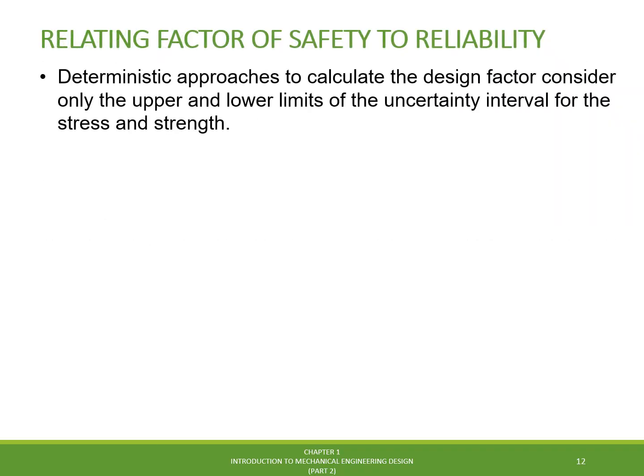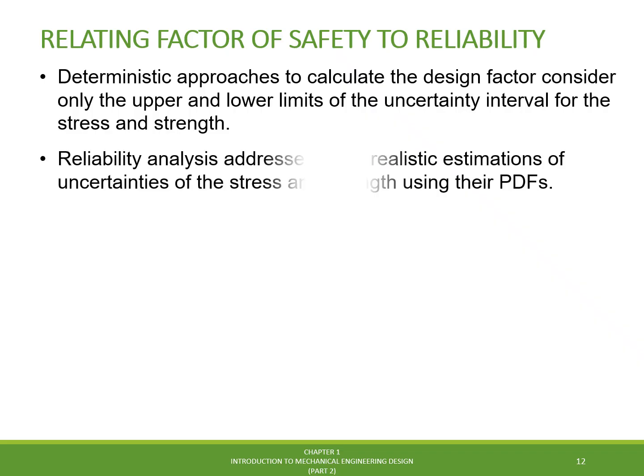At this point, it's very clear to us the differences between the deterministic and the probabilistic approaches to calculate the design factor. Whereas the deterministic approach only takes into consideration the information of the limits of the uncertain intervals for both the stress and the strength, the probabilistic approach, or the reliability analysis, considers more information regarding the shape of the normal Gaussian curve.